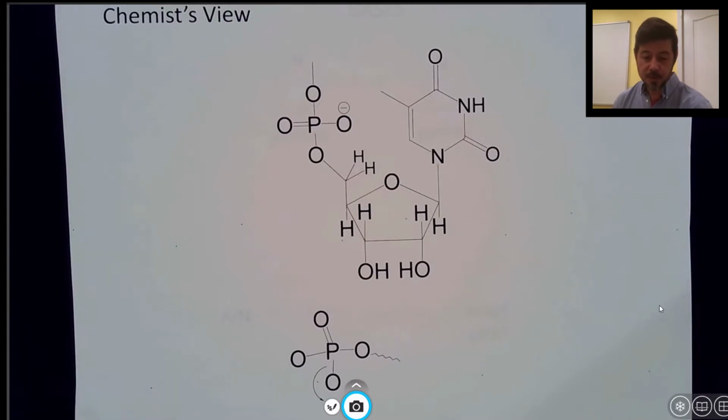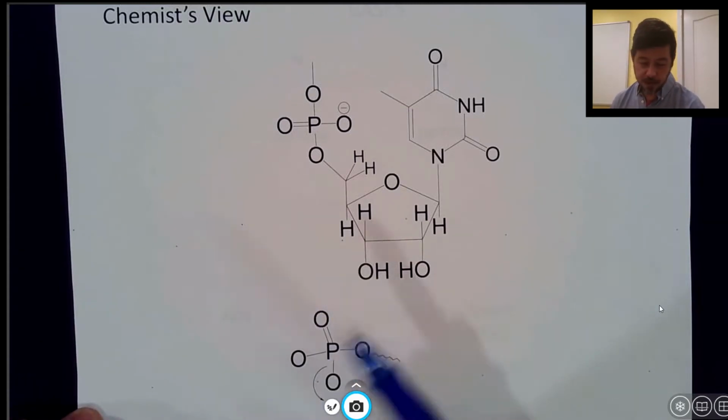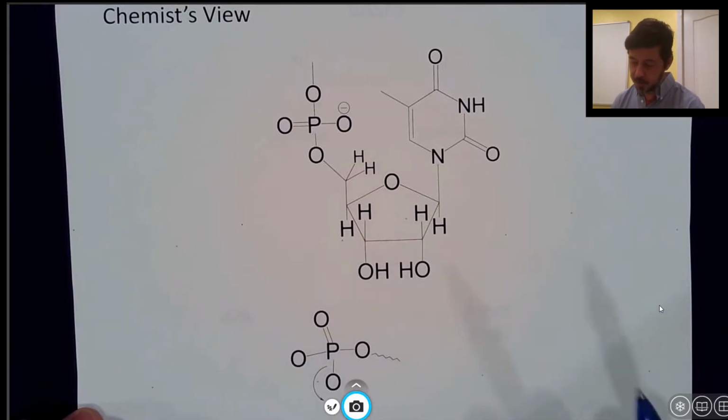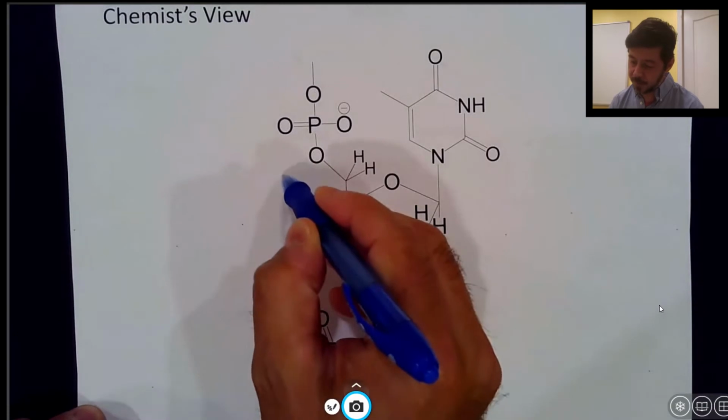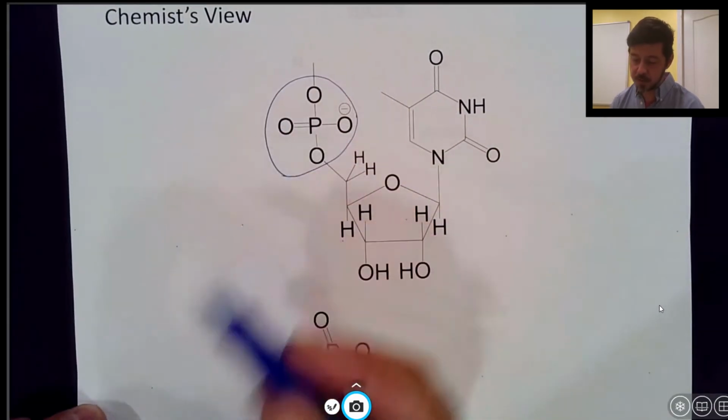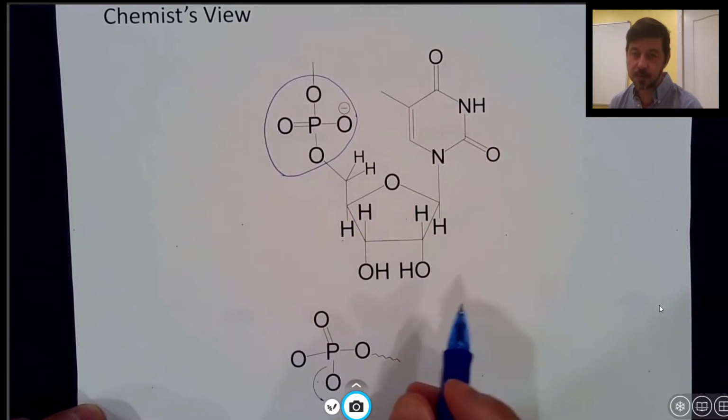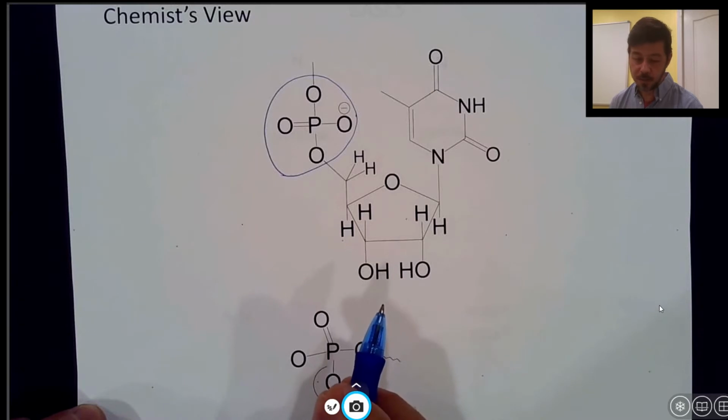If you look at a structure like this from a chemist's point of view, there are some very interesting features here. I'm just going to pick some. This is our phosphate group. So it's not just the letter P like it was for the biochemist point of view.